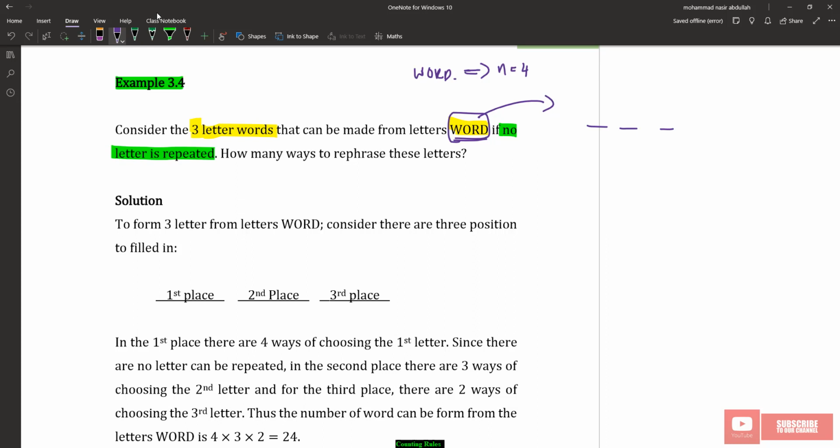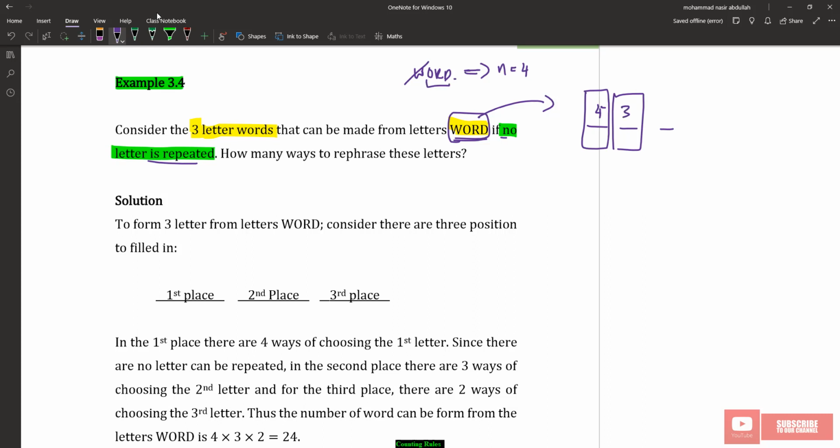By using theorem number 2, n1 multiplied with n2 multiplied with n3, for the first letter to be chosen we have 4 options. The second place, if no letter is repeated, let's say we already chose W, so we only have 3 letters left.